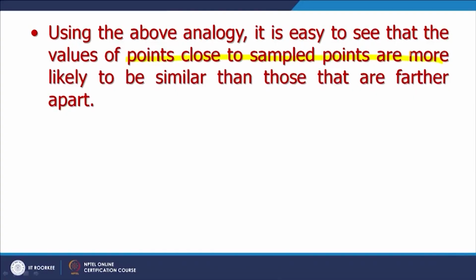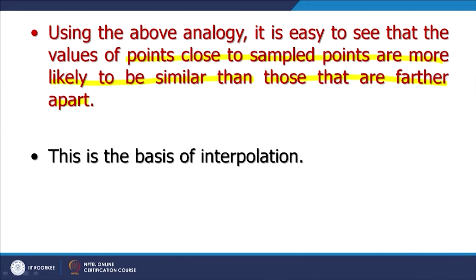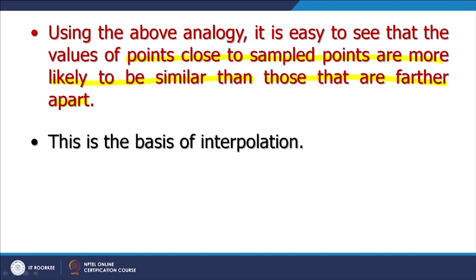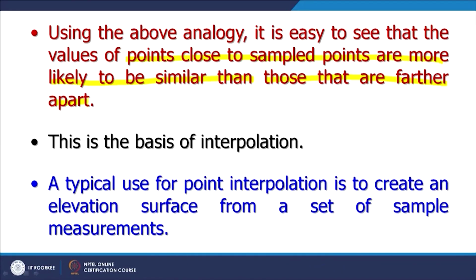But if the phenomenon is predictable, we can go for simple interpolation techniques, and the surfaces created through them may also be reliable. That means close sample points are more likely to be similar than those further apart. Same Tobler's concept, and this is basically the basis of all interpolation techniques which we will be discussing later.